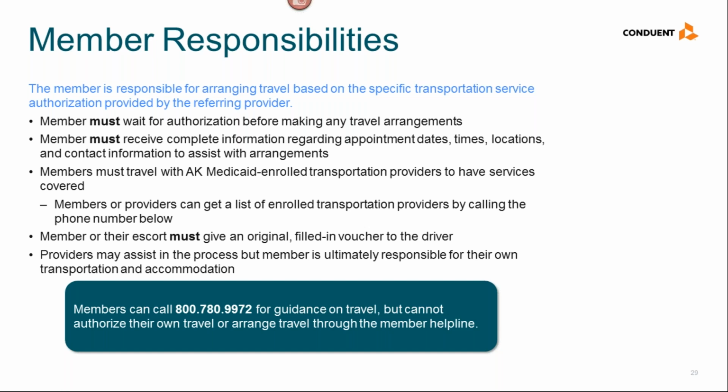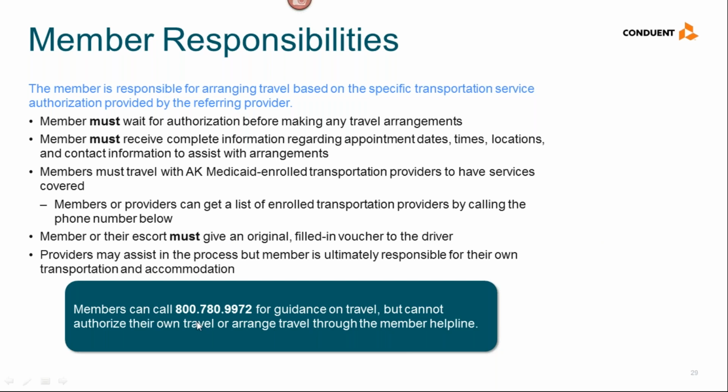Members would call the member helpline, and the number is down here on the bottom. Also, it's all over our website as well. Or you can call provider inquiry, and either of those groups can send you a list of all the enrolled providers. The member or their escort must give an original filled-in voucher to the driver. And providers can assist in the process, but the member is ultimately going to be responsible for their own transportation and accommodation.